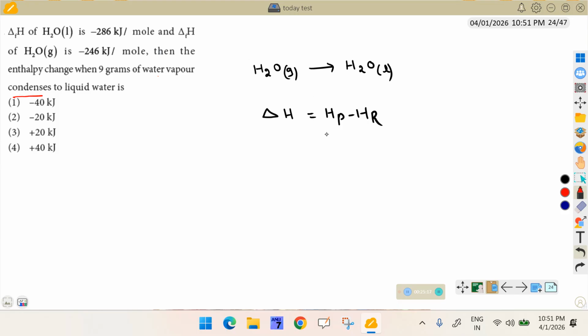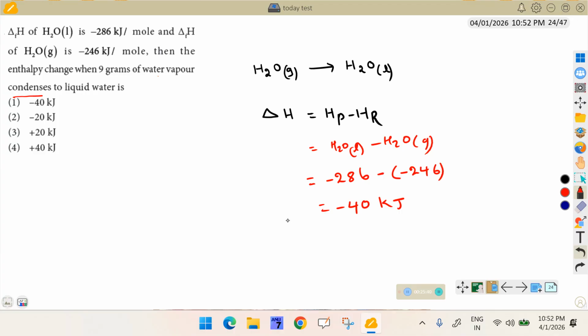Delta H is equal to HP minus HR. That means H2O liquid minus H2O gas. H2O liquid value is minus 286, minus gas value minus 246. Simplify, then you will get minus 40 kilojoules.